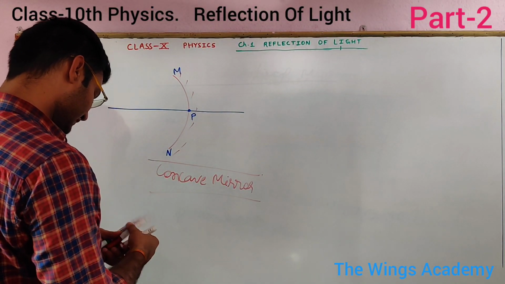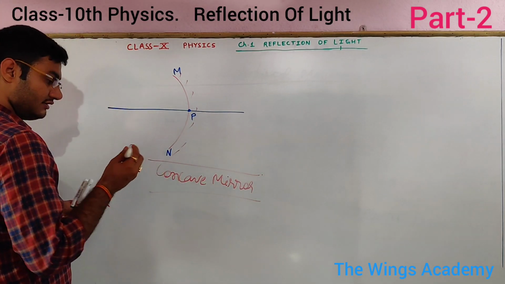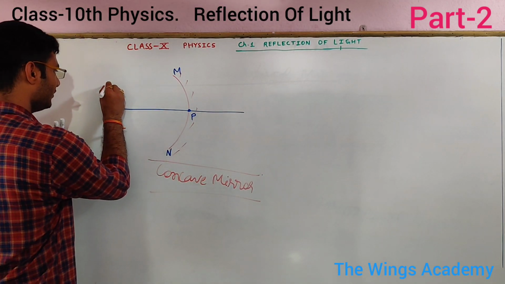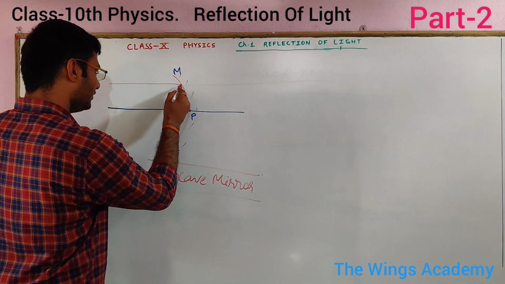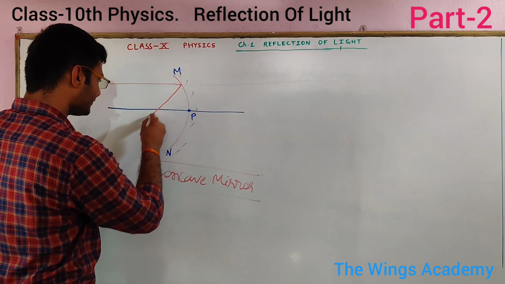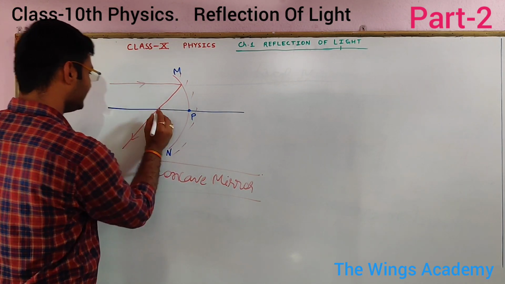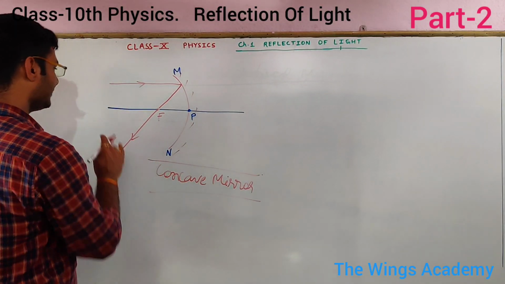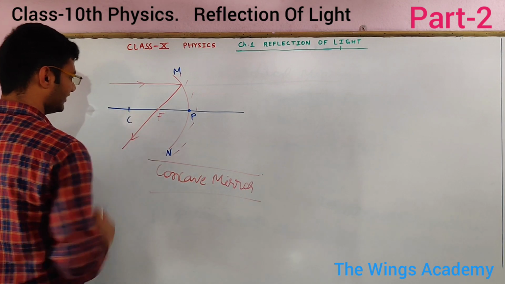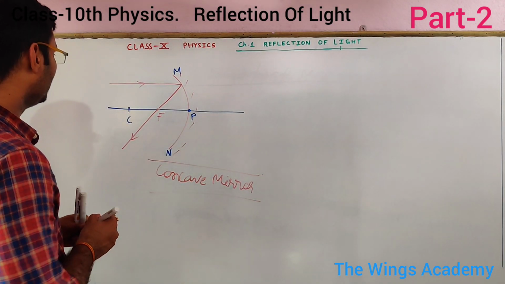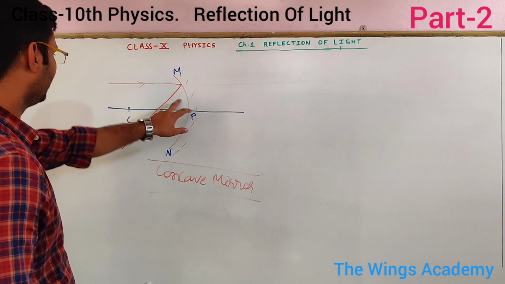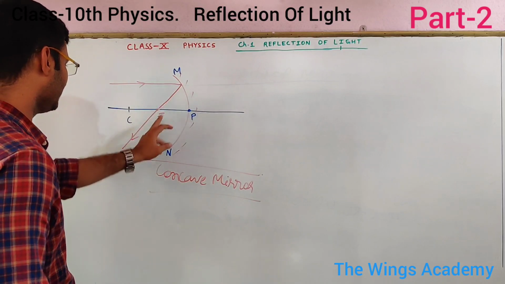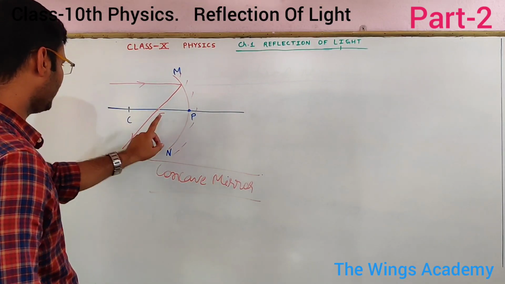Now by definition we know that any ray coming parallel to the principal axis is going to cut the focus. So this is our focus and this is our center of curvature. One ray is this, which is parallel to the principal axis, and after reflection it passes through focus.